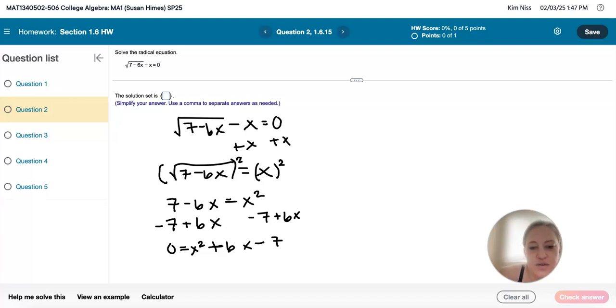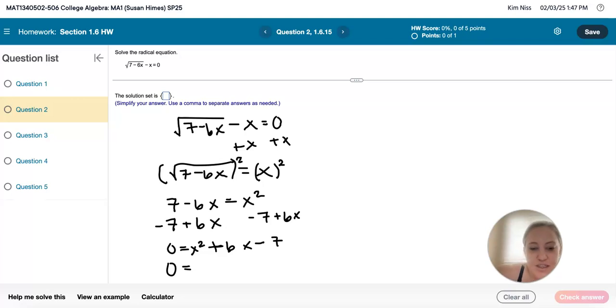What we do is take whatever numbers multiply to make 7 that, when summed together, give us positive 6. That will be our factored equation. 7 is obviously a prime number, so the only thing you can multiply is 7 times 1.